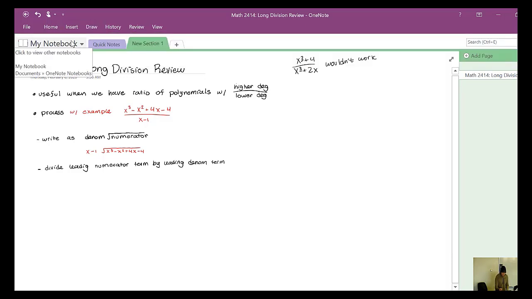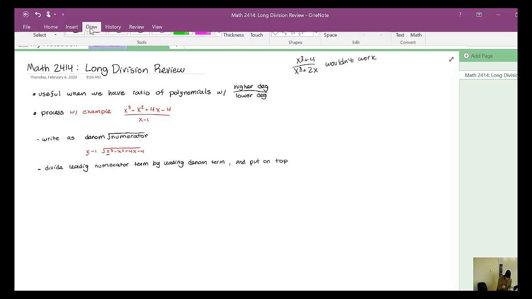if you can see right here, what's the leading term of the numerator? X cubed. And what's the leading term of the denominator? X. So what we're going to do is divide the leading term of the numerator by the denominator's term and put it on top of the roof.